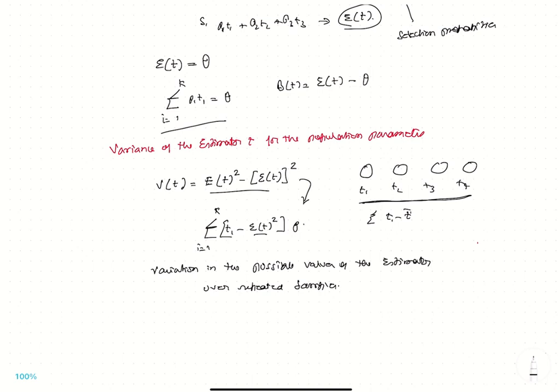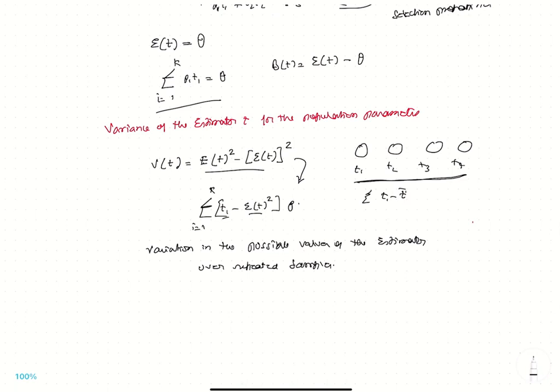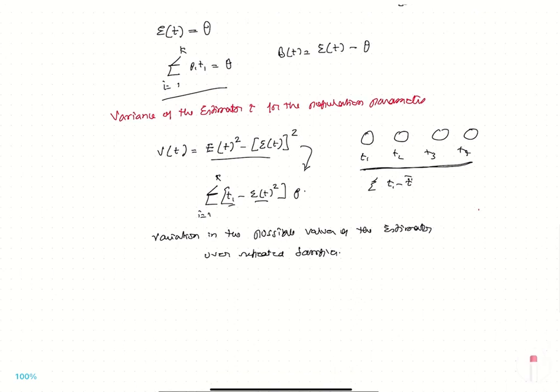This is the expected value and this is the Ti. An estimator with a smaller variance is to be preferred compared to an estimator with a larger variance. So one thing is that the estimator needs to be unbiased, and the other thing is that the variance is supposed to be very low.